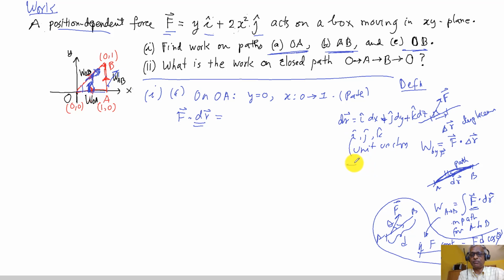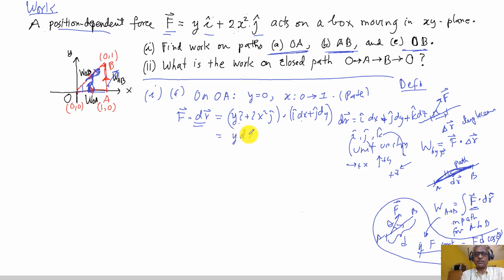This is along the positive x-axis, this is along the positive y-axis, and this along the positive z-axis. Okay, so if I take the dot product of y i hat plus 2x squared j hat with i hat dx plus j hat dy, I get y dx plus 2x squared dy.